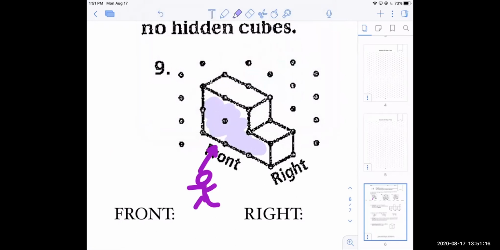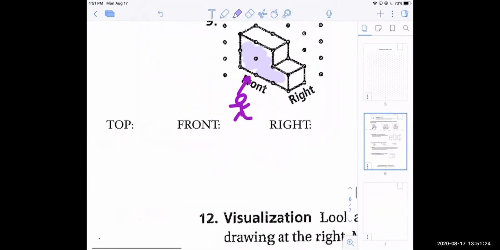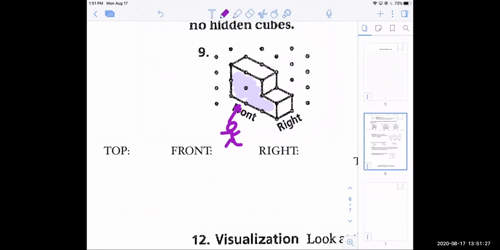So it's like a really fat shape. When you draw the orthographic drawing, we're going to try to make it sort of to scale. I know it won't be perfect. Notice that it's 2 units this way, and 1 unit that way.